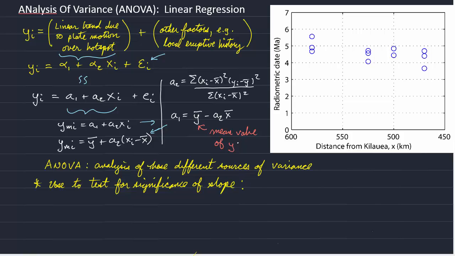This test will be an F test, where F is the variance due to the regression, or the variance associated with the line trend, over the sum of square errors, or our sum of square misfits from our line regression.